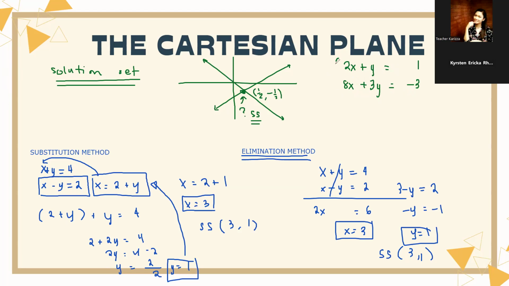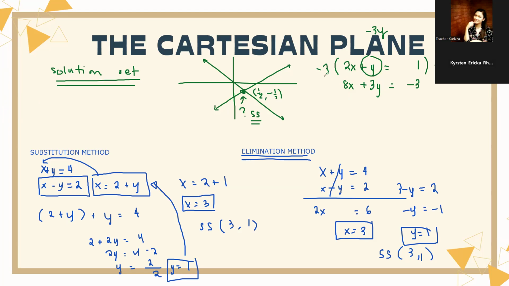I'm going to multiply both sides by negative 3 para it gives me negative 3y. Okay? So, kailangan mo din ng konting strategy pagdating sa elimination method. Pero pag may mastery ka over this, it's the fastest one for systems of equations.